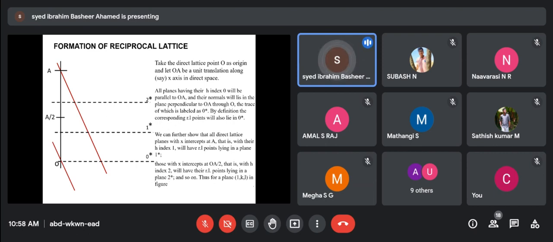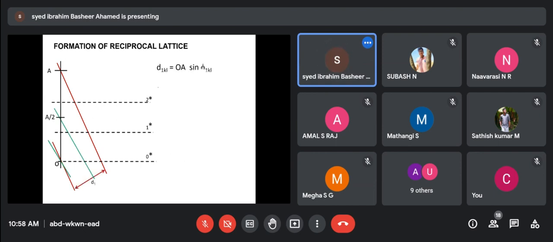Now for a plane 1KL in this figure, what I am doing is trying to find out d1kl, which will be equal to OA sin phi 1kl.